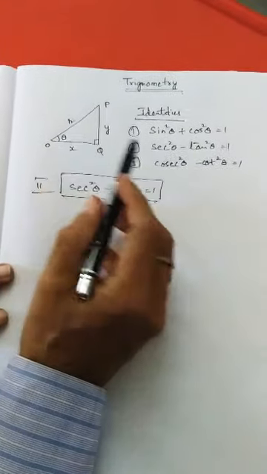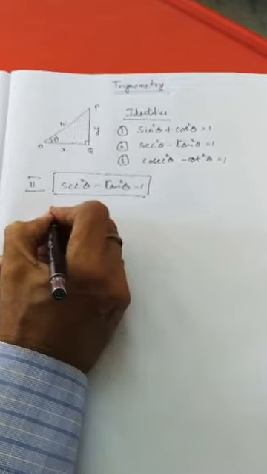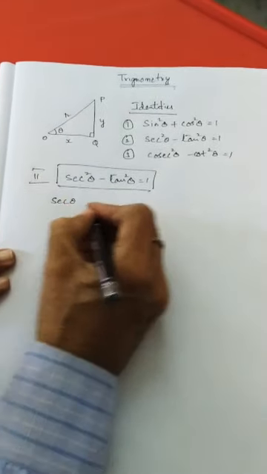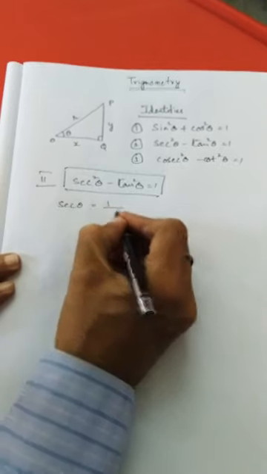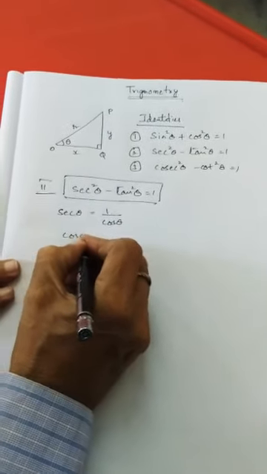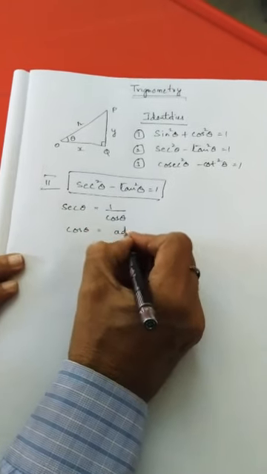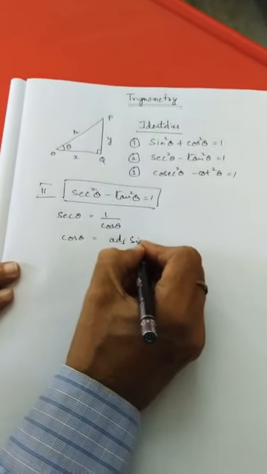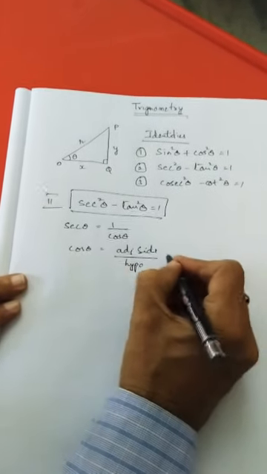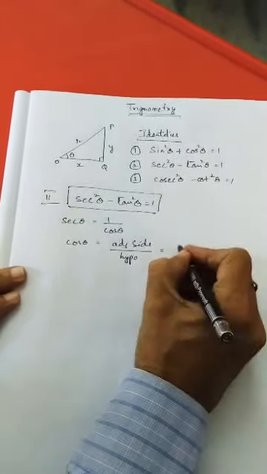From the right angle triangle OPQ, we take the ratio of secant theta. I already told you that secant is the reciprocal of cos. So cos theta is equal to adjacent side by hypotenuse, that is x by r.